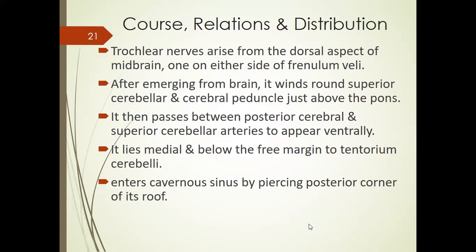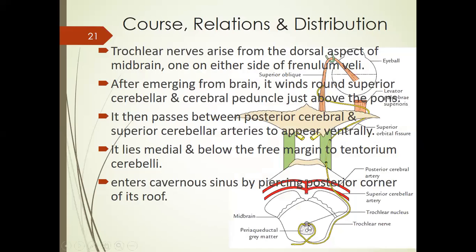So this is the nuclear origin of the trochlear nerve. It is in the periaqueductal gray matter of the midbrain, ventral to the aqueduct of Sylvius.